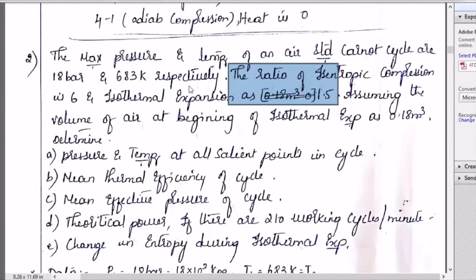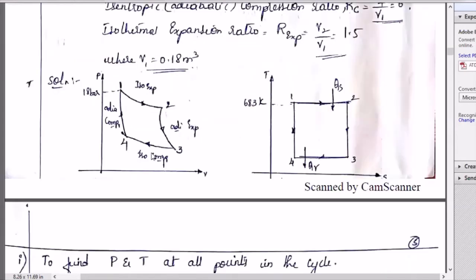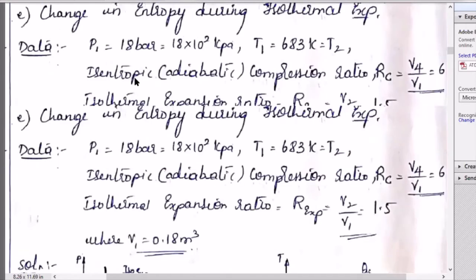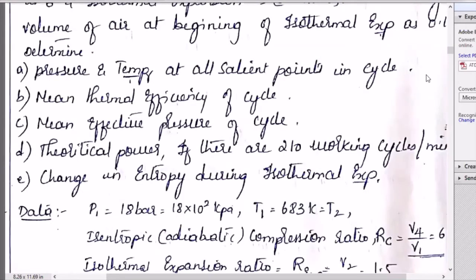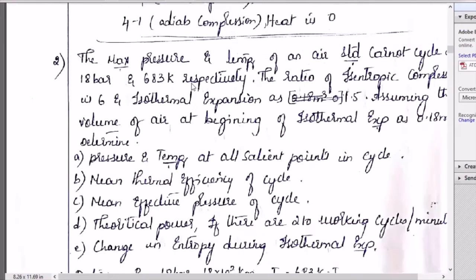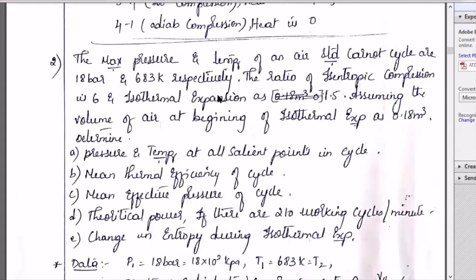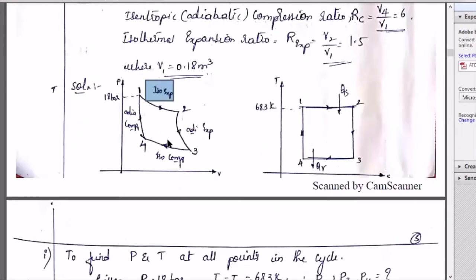Now observe the ratio of isentropic compression and isothermal expansion. That is what they have shown. Check out the ratio of isentropic compression and isothermal expansion, compression and expansion, its ratios.